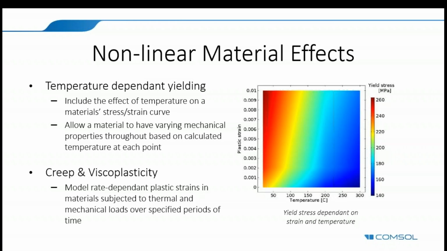So you can easily account for things like the effect of temperature on the mechanical properties of the material. And as I mentioned, we also support a number of nonlinear effects that are driven by heating, such as creep and viscoplasticity, things that are observed in manufacturing processes, and also in other simulations, like looking at solder, for example, as well.